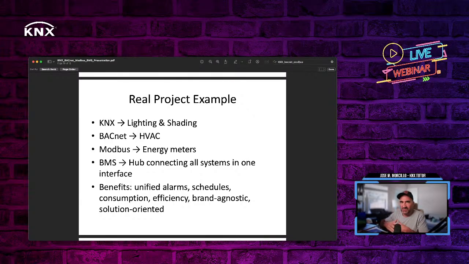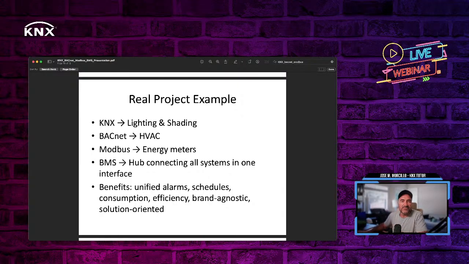You are losing time, you are losing money, and you are making a mess. So I'd say, from my point of view, again, you don't need to do that. You can keep BACnet. You don't need to find the gateway to communicate with the fan coil in KNX. No, if it already talks BACnet, you can leave it like this. Do not make an extra expense on this, extra cost on this.